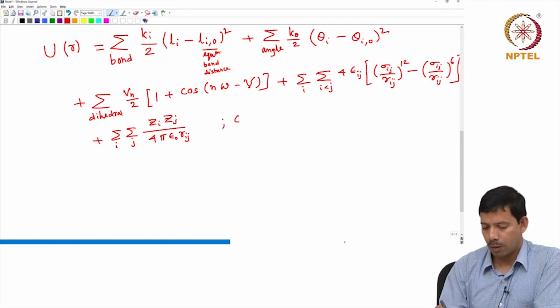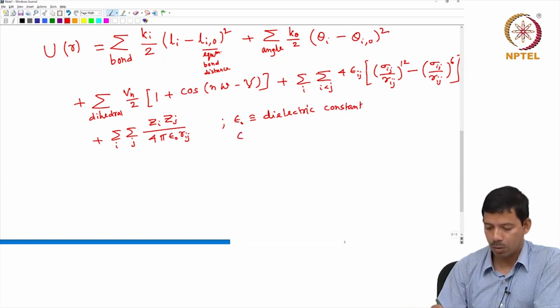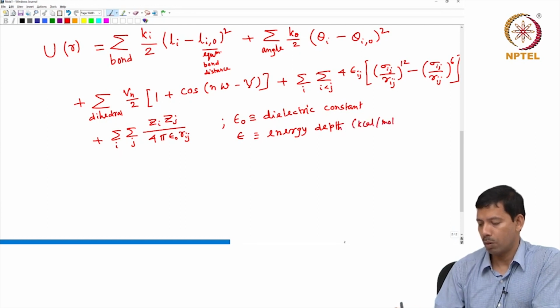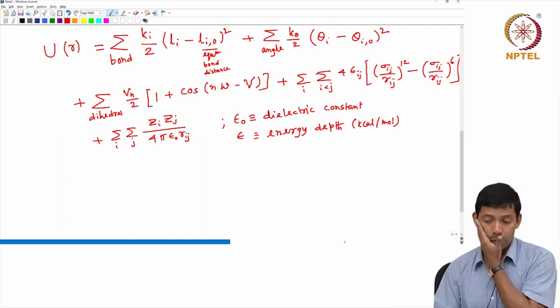Here epsilon 0 is the dielectric constant of the medium, and epsilon is basically the energy depth, which has a unit of kcal per mole. So do not confuse epsilon 0 and epsilon.